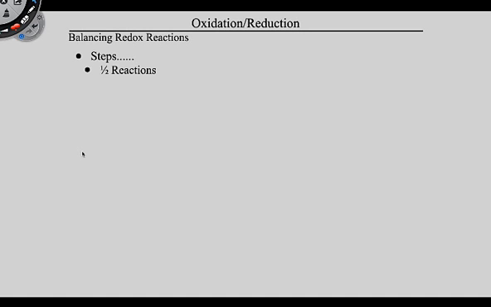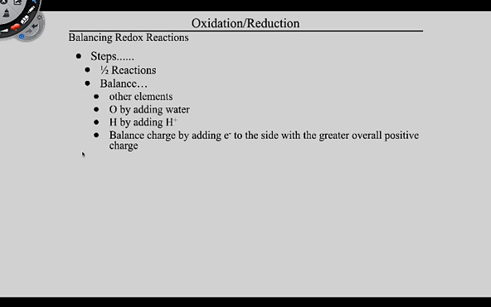Once you've got your half reactions, then you need to start balancing things. So what are you going to balance? Well, you're going to balance other elements first. Then you're going to balance oxygens by adding water. Then you're going to balance hydrogens by adding protons. Once you've got to that point, you will then balance the electrons, balance charge, by adding electrons to the side that is more positive.